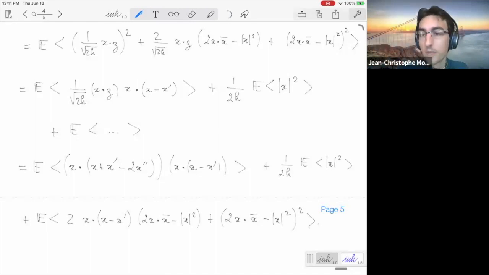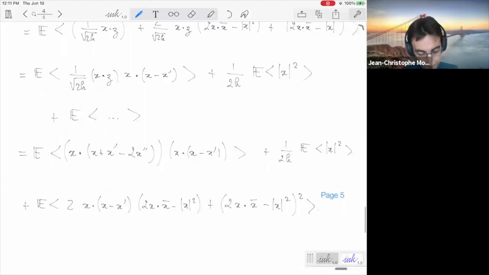The z square thing we stated last time. That's the end of this supposedly difficult computation, except that now I just have to clean it up. This is bookkeeping.